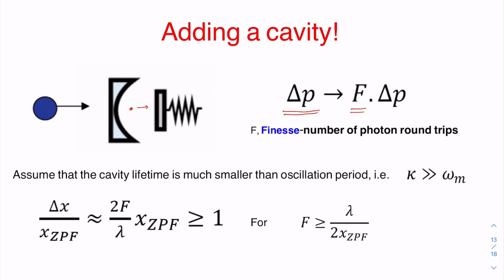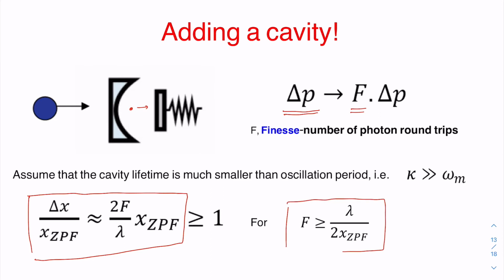So if the cavity lifetime is smaller than the mechanical oscillation period, then it can be shown that this ratio would be given by this particular formula. And it turns out that the displacement of the movable mirror would be greater than the zero-point fluctuation, provided the finesse is greater than or equal to lambda by 2 times twice the displacement due to the zero-point fluctuation.